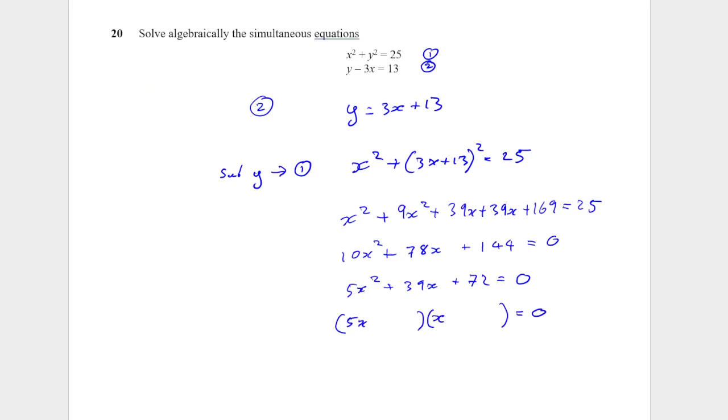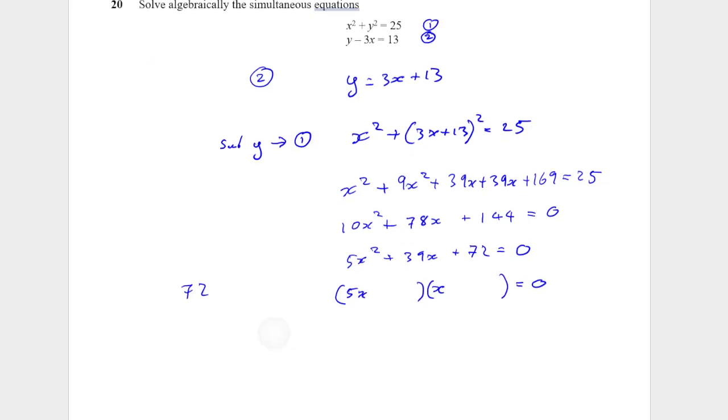And then two numbers, if we look at 72, two numbers that multiply together to make 72 would be 24 and 3. And then to make 39, 39 is made from 24 plus 15, so that would work.